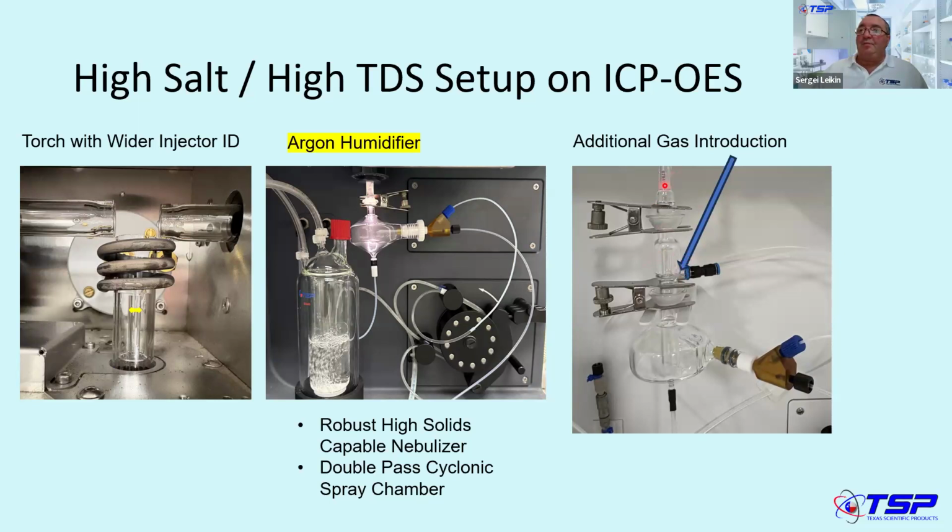The additional gas builds a barrier between your aerosol and the walls of the injector of your torch. So that creates a very good environment for high salt aerosol to travel through the torch without any depositions, or these depositions are going to be slowed down dramatically.